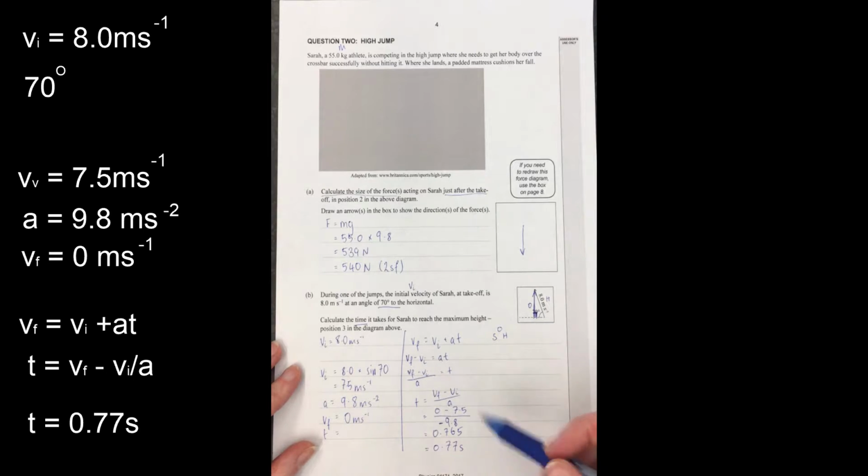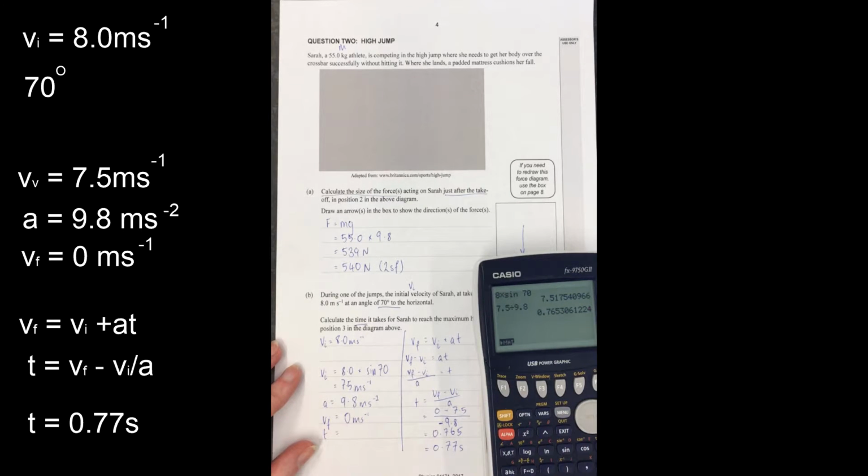So because we have two negatives here, if we did that in the calculator, negative 7.5 divided by negative 9.8, we get the same answer. Two negatives divided is a positive answer. So we end up with 0.77 seconds to two significant figures.